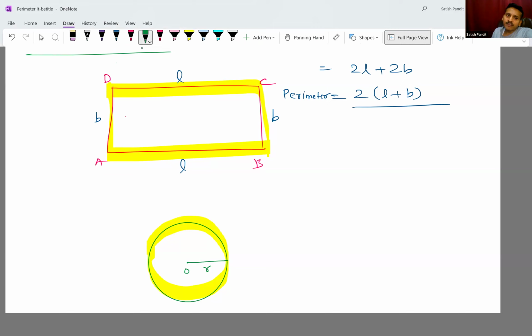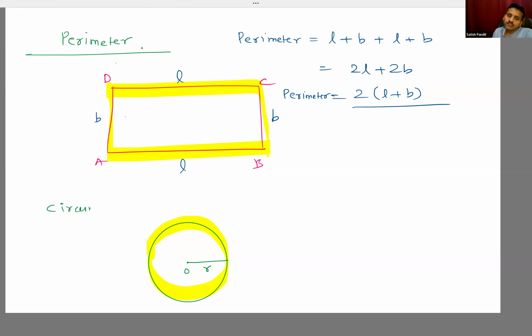So circumference of a circle is 2 pi r. And whenever they don't give you the value of pi, you can take pi as 22 by 7. You can take 3.14 also, but try to always use 22 by 7. It's easy. Okay. So circumference of a circle is 2 pi r.